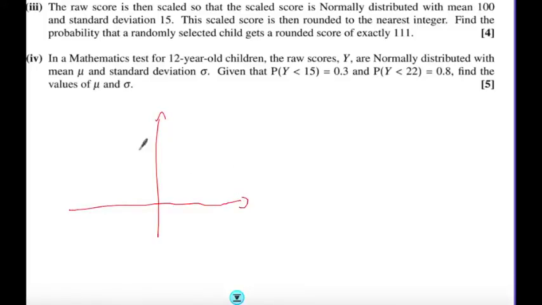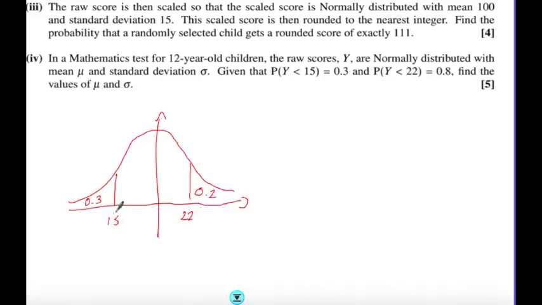So we don't know mu or sigma, but we do know the probability y is less than 15 is 0.3. We know the probability y is less than 22 is 0.8. So the whole area below that is 0.8. So I'll just put 0.2 there to remember.